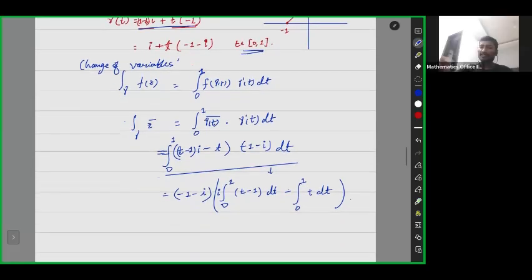I think you are correct, and we can directly put t squared by 2 and calculate. I am solving it further, but we can leave this step and directly calculate here.